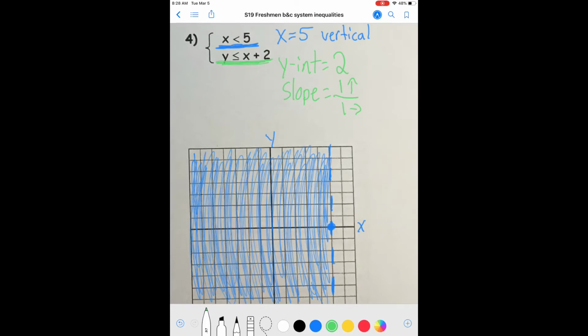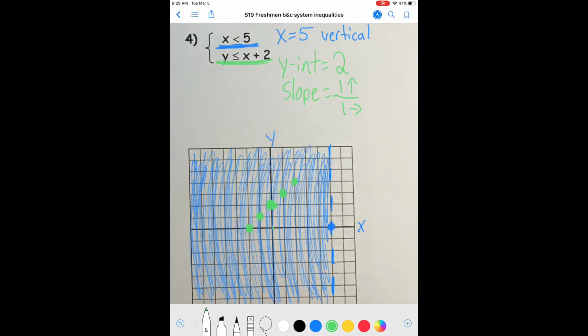Now we're going to graph it. Starting at our y-intercept, here's our origin. We're going to go up 2, and there's our y-intercept. I'm going to make it pretty big so we can see it through that blue. Then we're going to go up 1, right 1, up 1, right 1. Or we could go the opposite way, down 1, left 1, down 1, left 1.